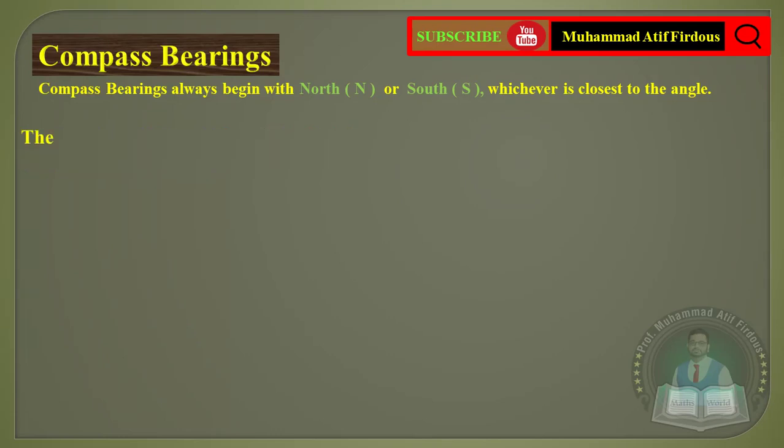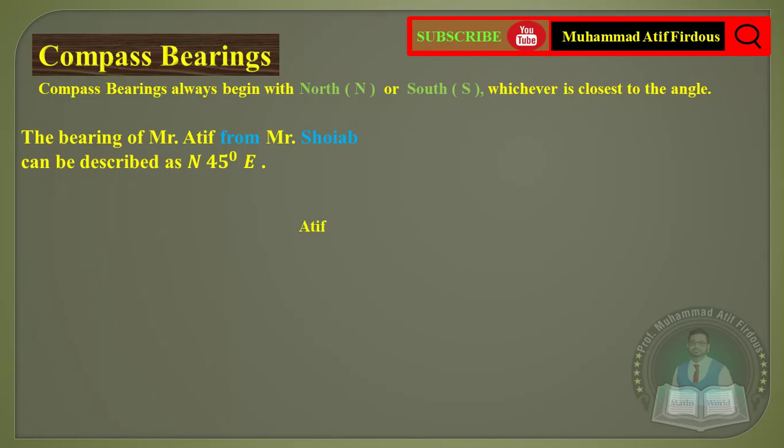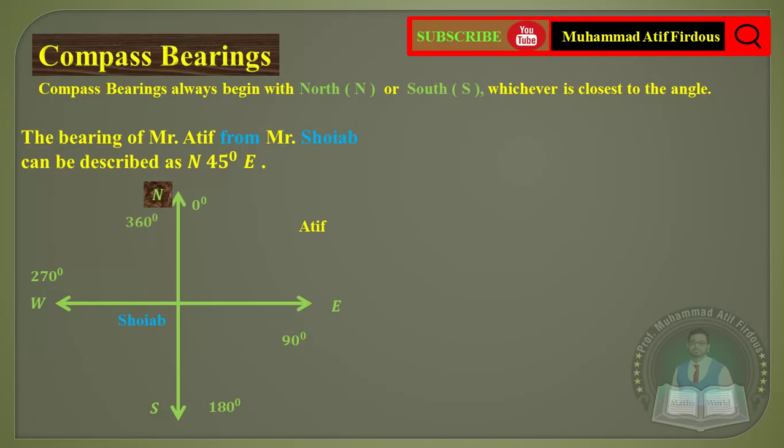The bearing of Mr. Atif from Mr. Shoaib can be described as north 45 degree towards east. You can say that Mr. Atif and Mr. Shoaib make a north line. You have your north, south, east and west, and angle 0 degree, 90 degree, 180 degree, 270 or 360 degree.